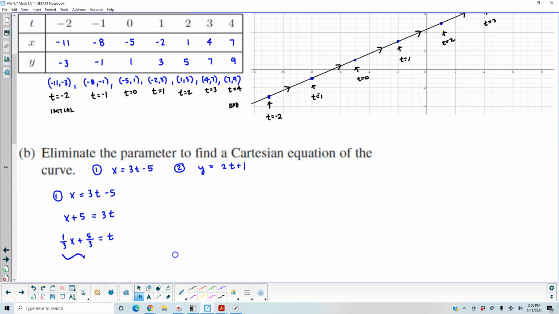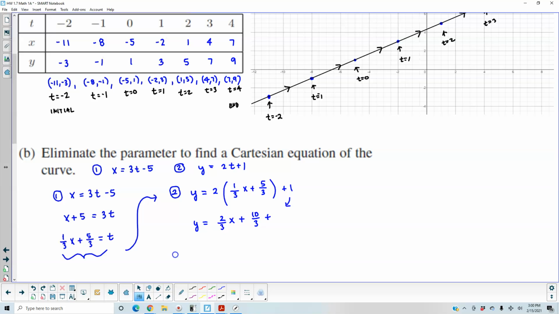And now we're going to substitute this into equation number 2. So we have y, which is equal to 2 times 1/3 x plus 5/3, plus 1. So we're going to distribute the 2 to get 2/3 x plus 10/3 plus 1.